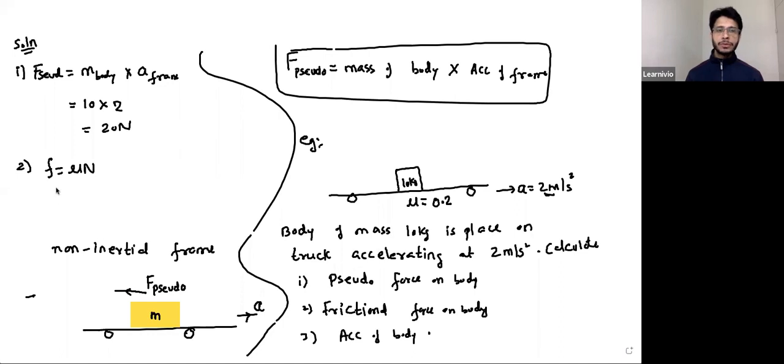So F is equal to mu N. Your mu is 0.2. And the normal reaction, the weight, is 10 g. You know this normal reaction is 10 into 10, which is 100 Newton. 0.2 into 100 is 20 Newton.